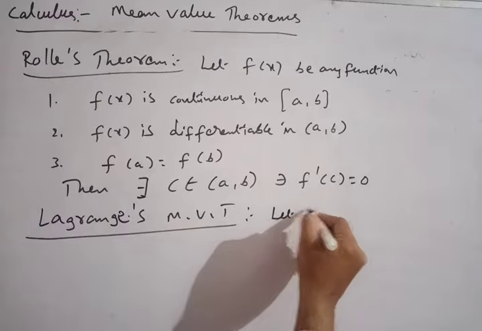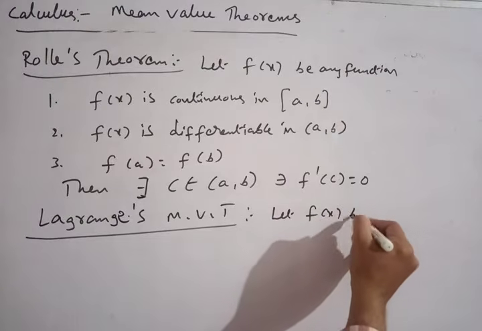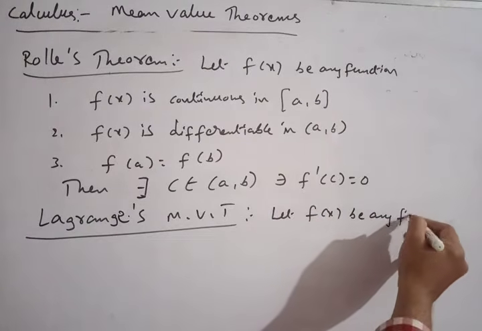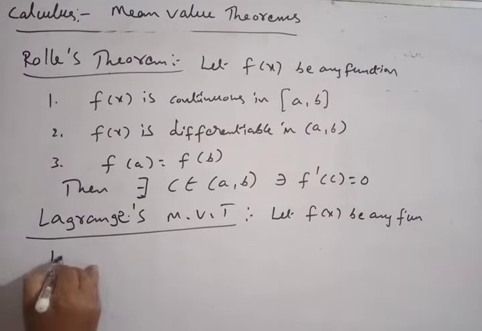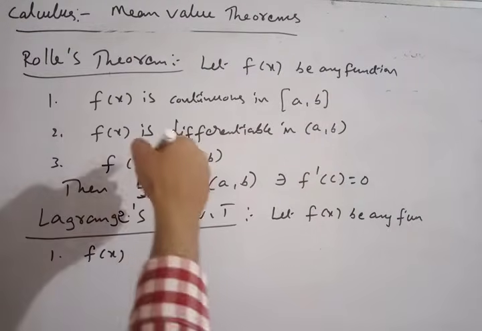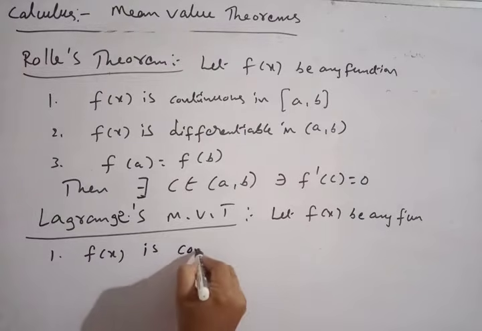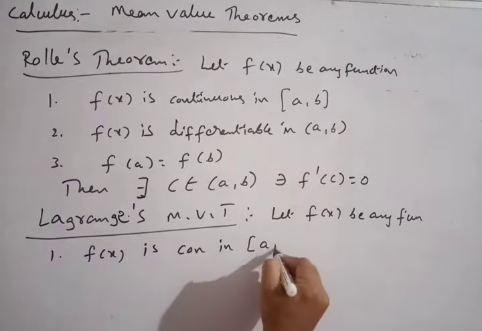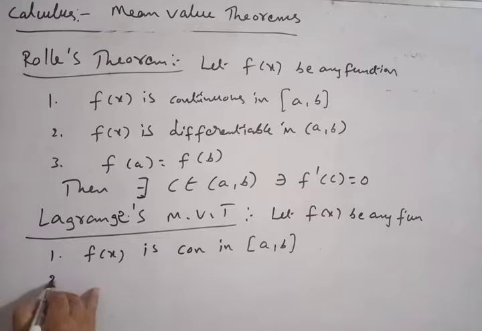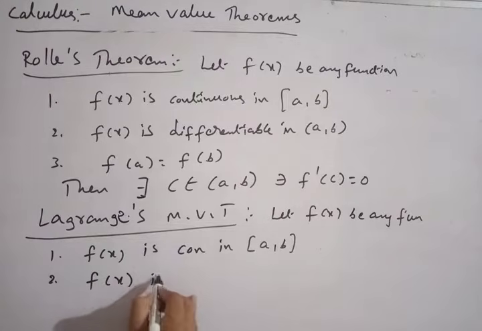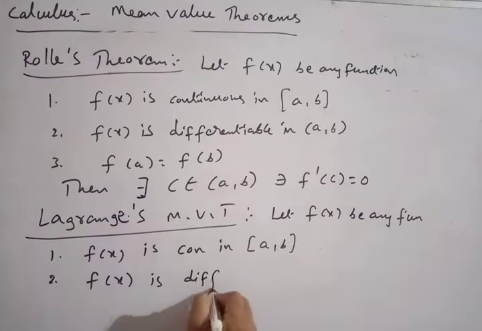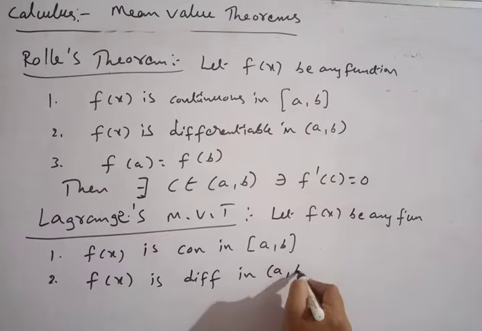Let f of x be any function such that, first point, f of x is continuous in the closed interval a comma b. The first 2 points of Rolle's theorem and Lagrange's theorem are the same. Second point, f of x is derivable or differentiable in the open interval a comma b.